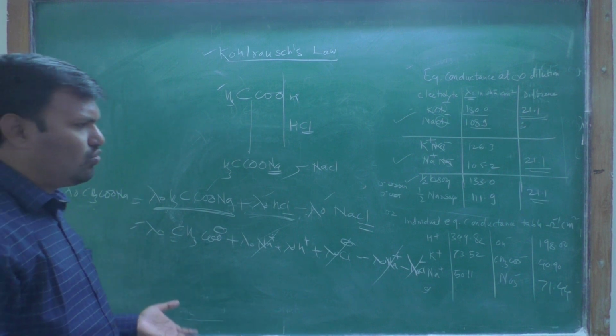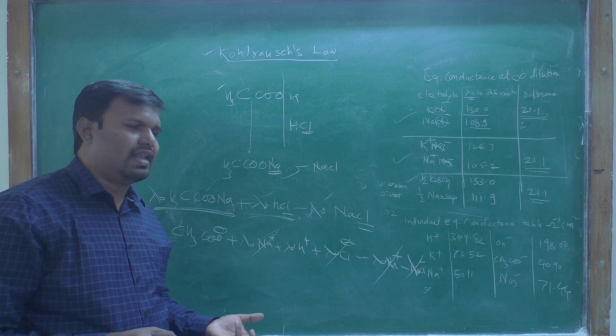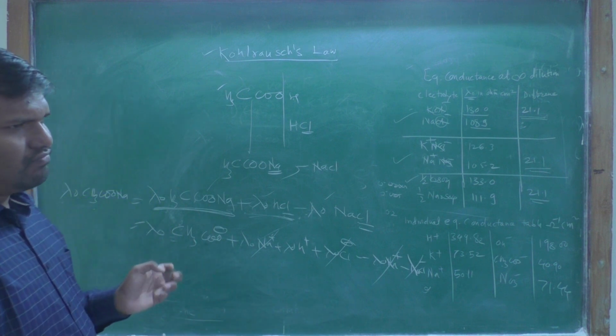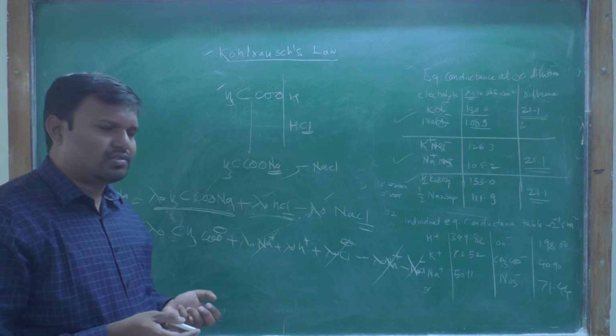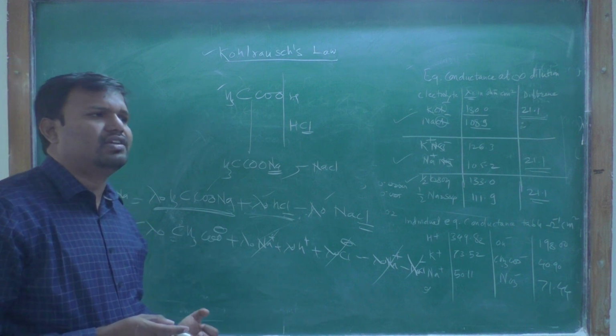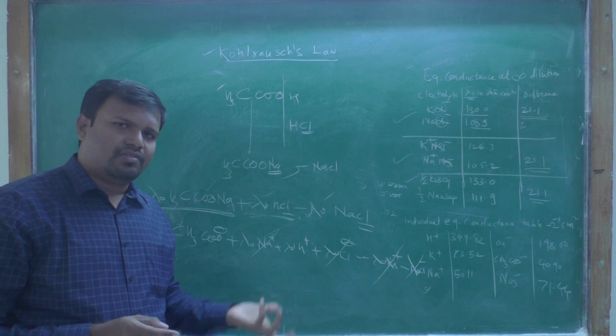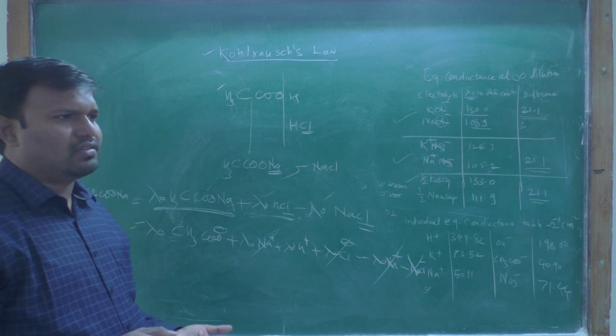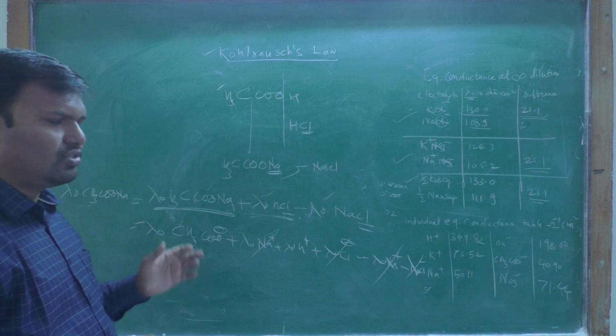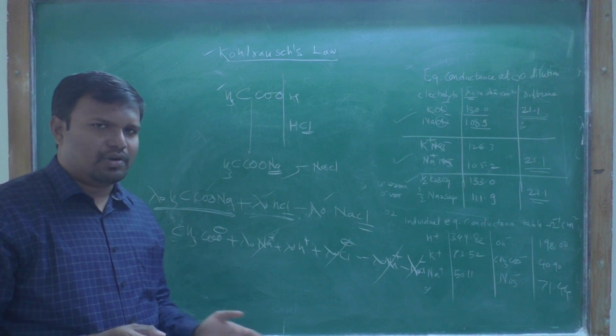So there are two very simple methods. The first is the direct addition of lambda 0 values of the different cations and anions. The second is subtracting and adding strong electrolytes related to that particular weak electrolyte.